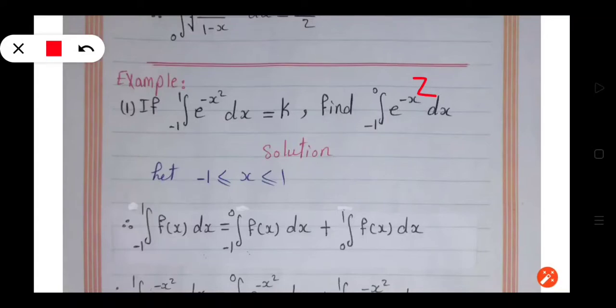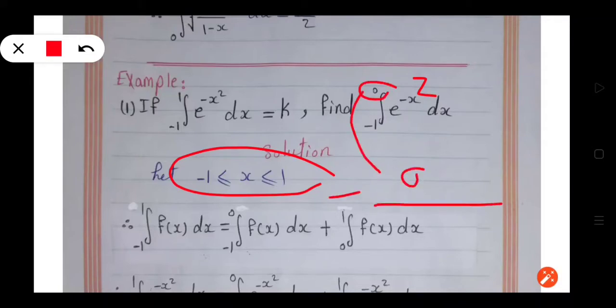Now we notice that the greatest area is from negative 1 to 1, but we should put point 0 between negative 1 and 1. We write down 0. So we have two parts, from negative 1 to 0 and from 0 to 1.